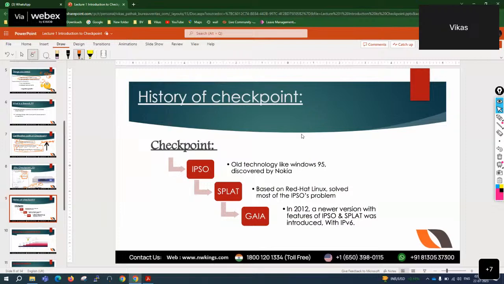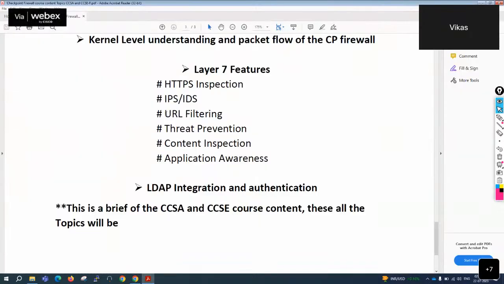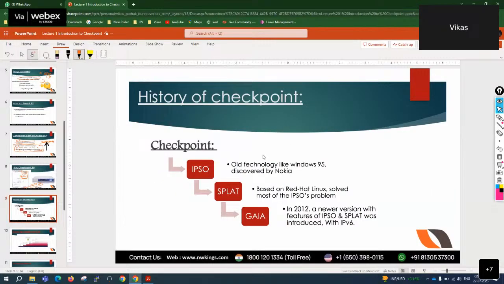Antivirus, anti-bot, everything is already there. Now URL filtering, threat prevention, content inspection, right? IPS, IDS, antivirus will also be there in the layer 7 inspection. So all these profiles will be covered. I'll be teaching you how you can create them, and what exactly the benefit is when you enable these profiles on your firewall.